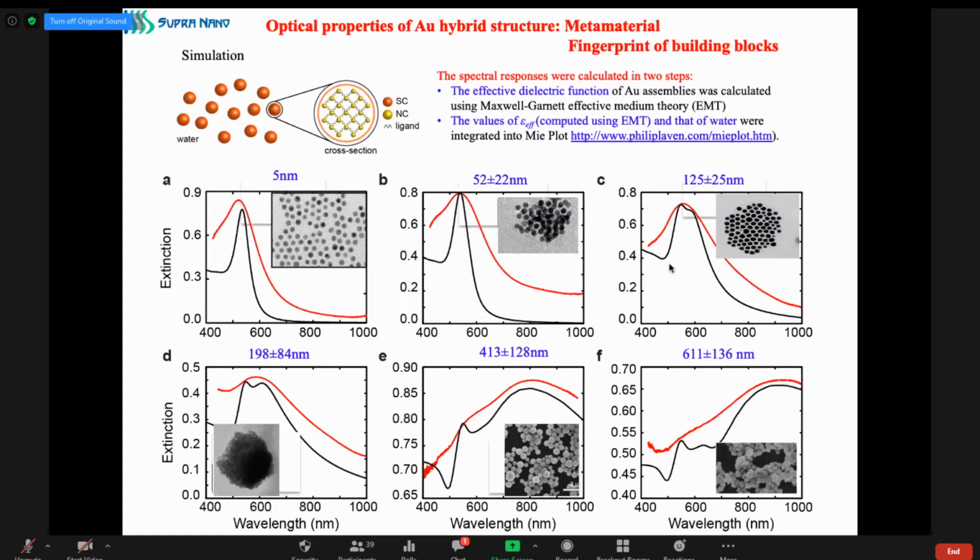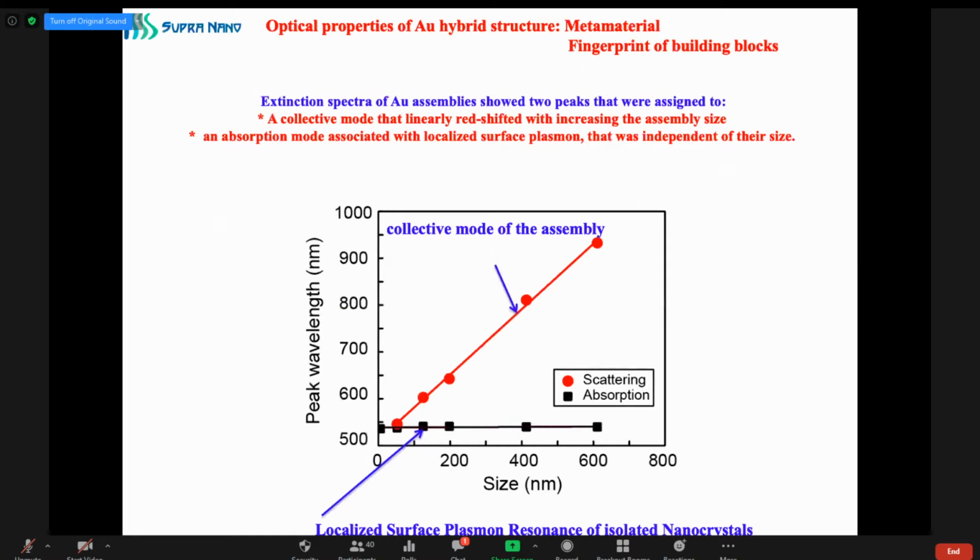And you can see here that progressively we have a double band. And when you do all the experiments, you can see that, in fact, we have one peak which is constant, which is a localized surface plasmon resonance, as we all know for noble metals and for gold.